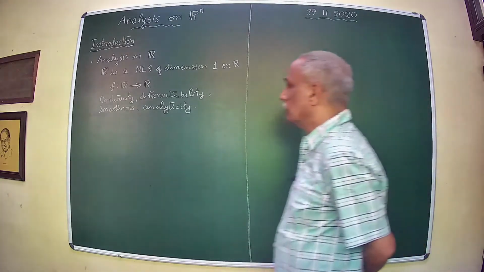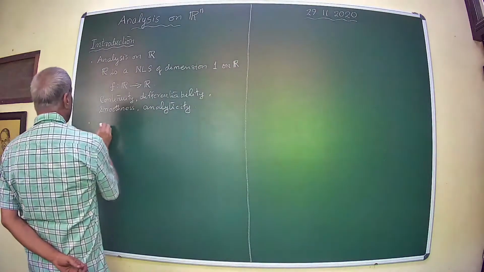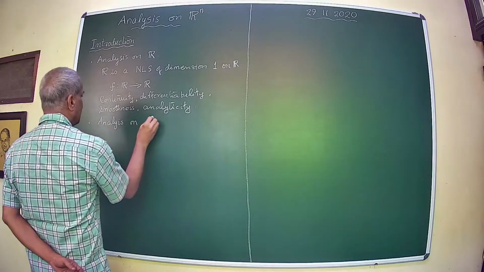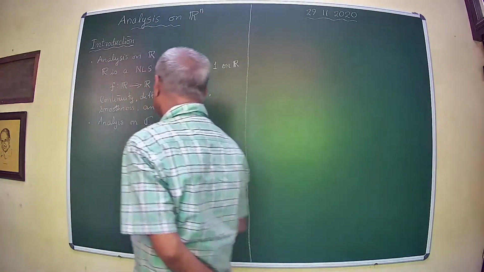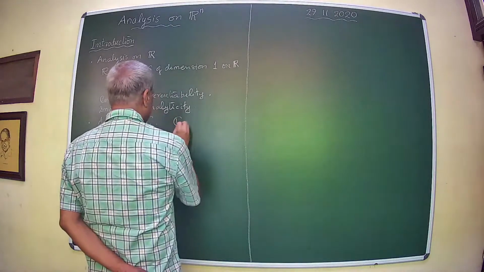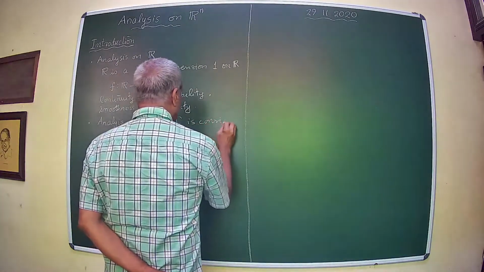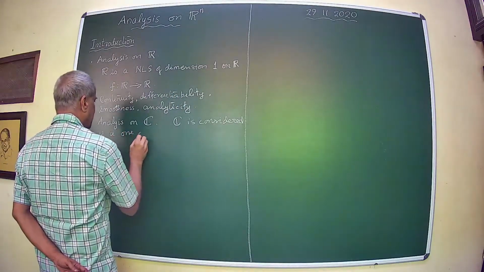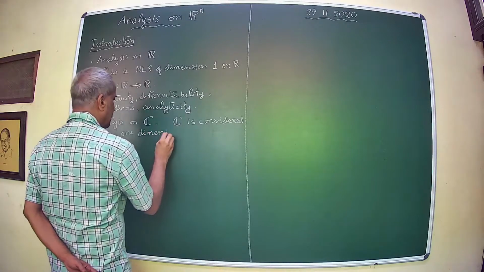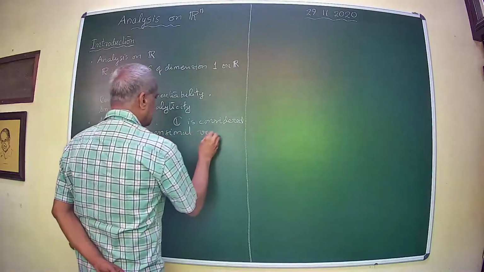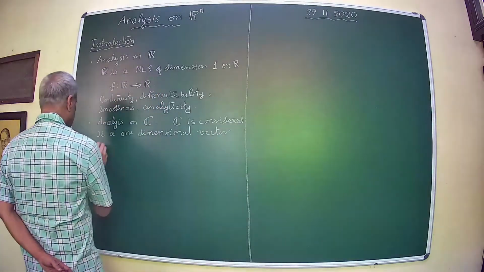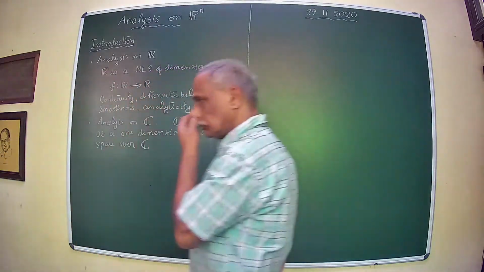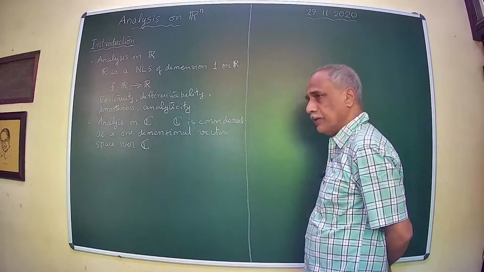Then you see that we have analysis on C, and C is looked upon, considered as a one-dimensional vector space over C. Of course, you know that C is a field.